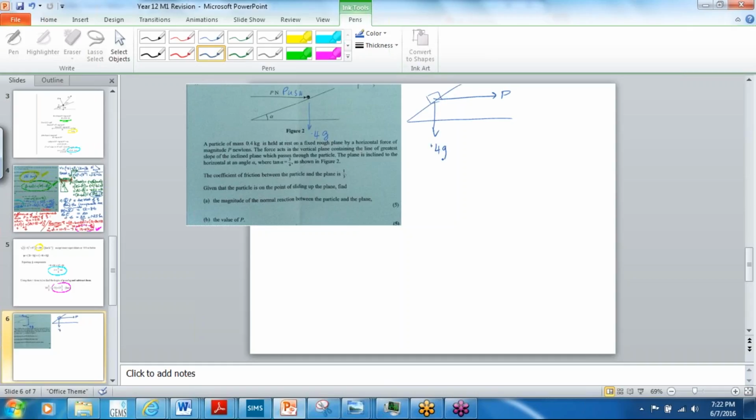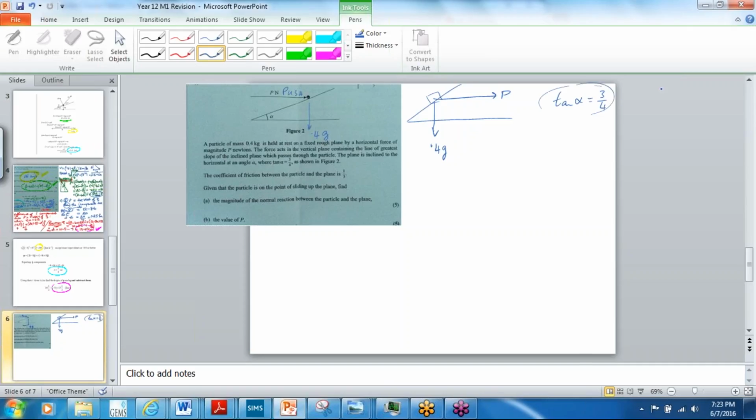So we've got 0.4g. The force acts in the vertical plane containing the line of greatest slope of the inclined plane which passes through the particle. The plane is inclined to the horizontal at an angle alpha, where tan alpha equals 3/4.